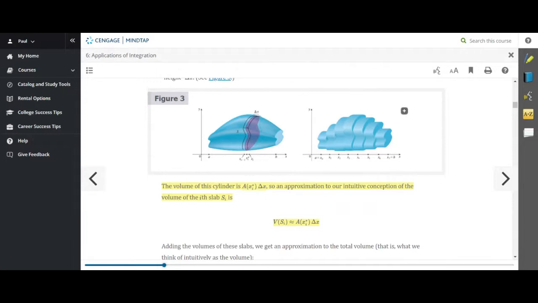Think of it like a loaf of bread, a slice of bread. That slice has width delta x and cross-sectional area A of x. Of course, we can take the loaf, we can take the solid, and cut it up into a bunch of slices or slabs and get what you see there in figure 3 on the right, an approximation of the volume of the solid.